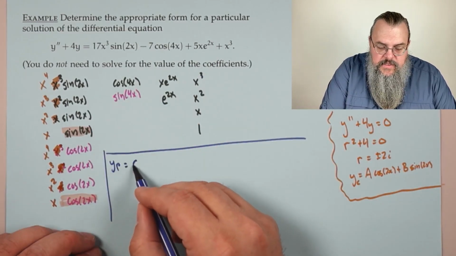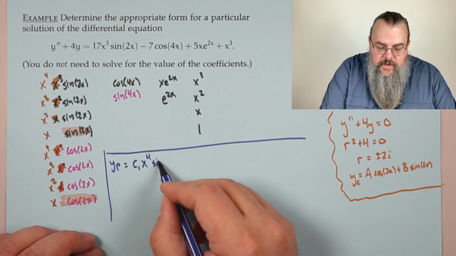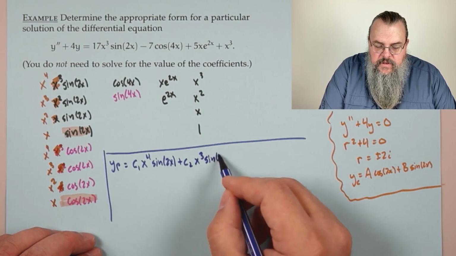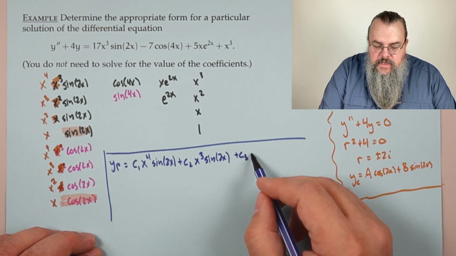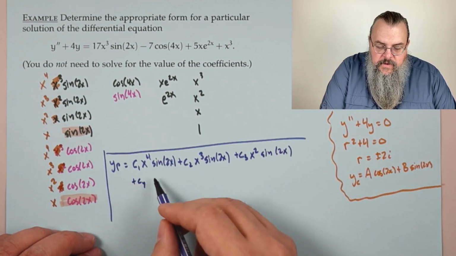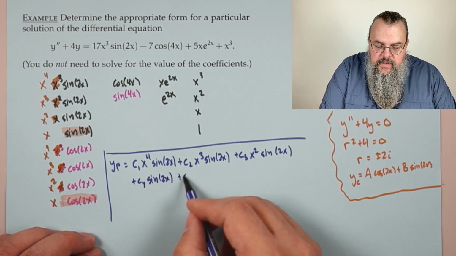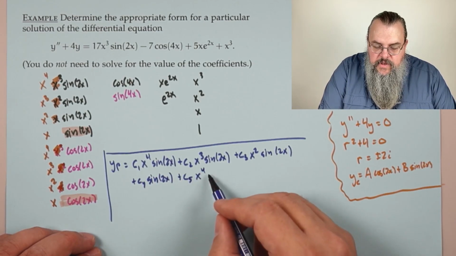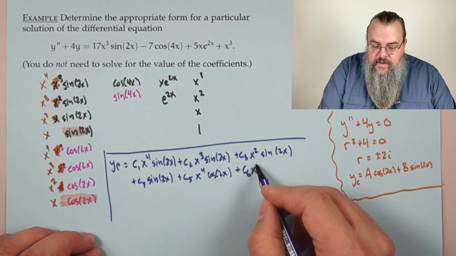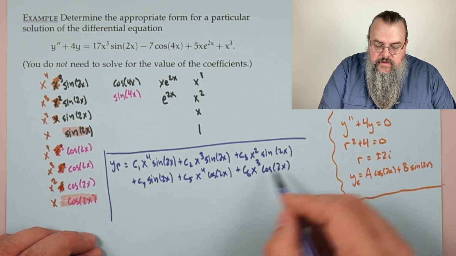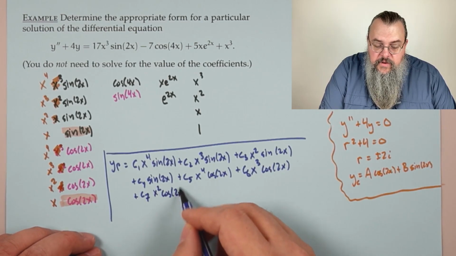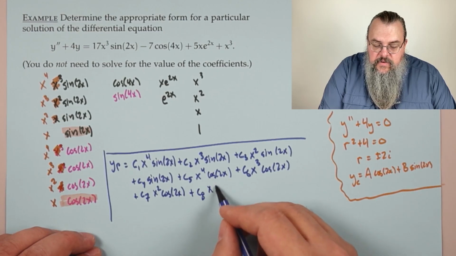So some constant c1, x to the 4th, sine of 2x, c2, x cubed, sine of 2x, c3 times x squared, sine of 2x, c4, x sine of 2x, c5, x to the 4th, cosine of 2x, because now we're into the cosine part, c6, x cubed, cosine 2x, c7 times x squared, cosine 2x, plus c8, x, cosine 2x.